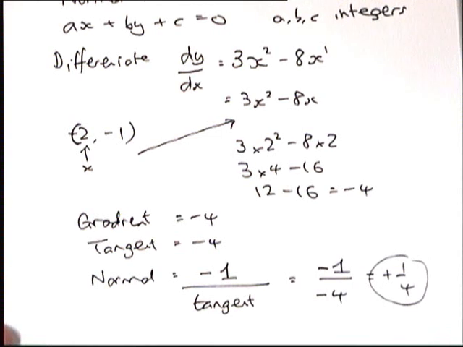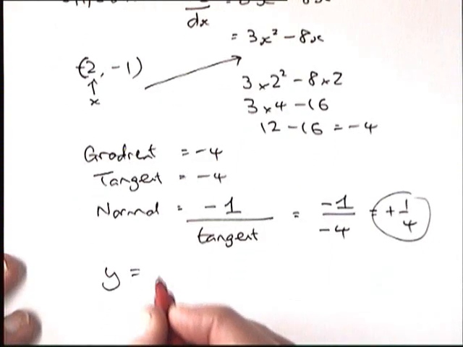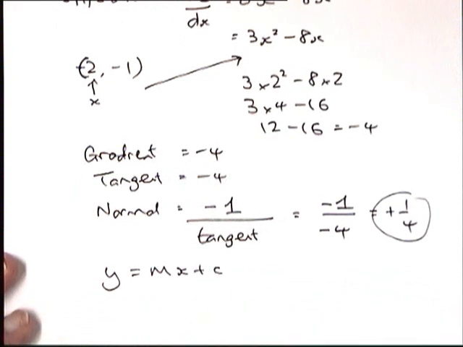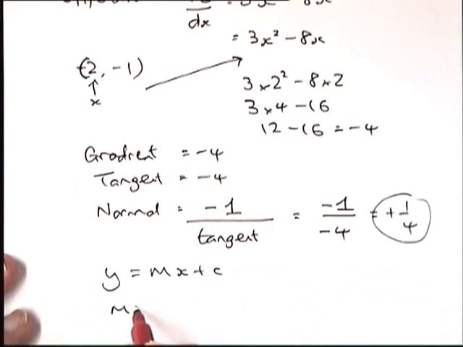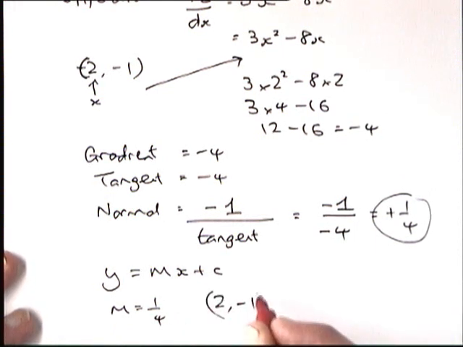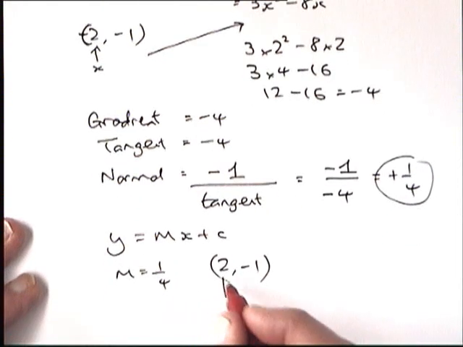So I'm looking for a straight line with a gradient of a quarter. Well, straight lines are like y equals mx plus c. m is the gradient, so I know that is a quarter. And because I have this point, which is (2, -1), where 2 is an x number and the minus 1 is a y number, that works from any point.